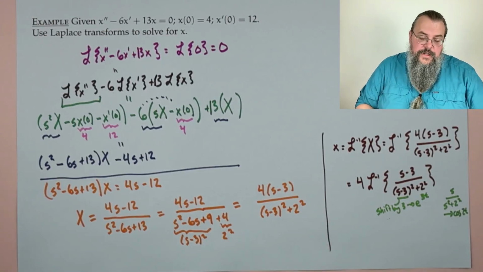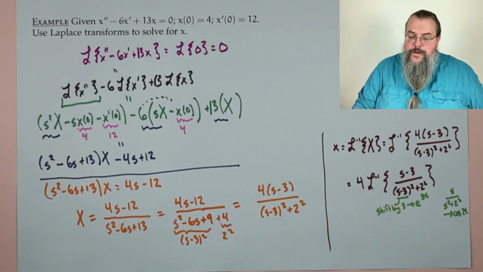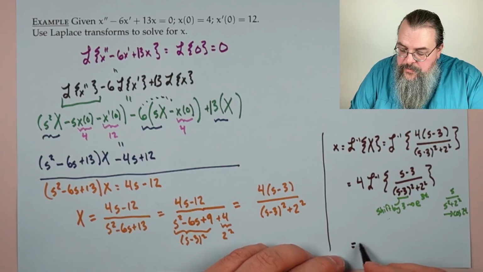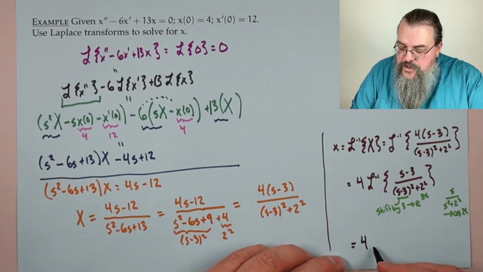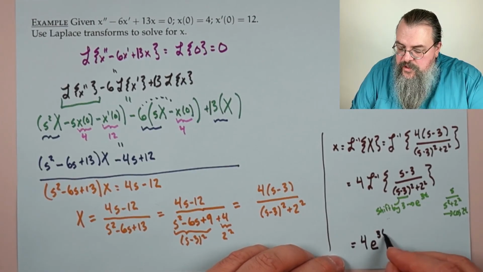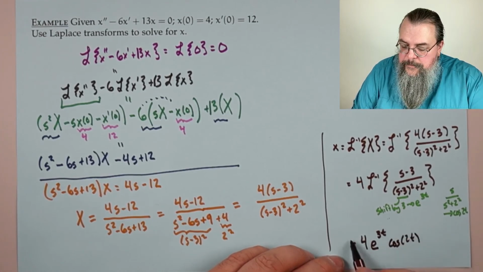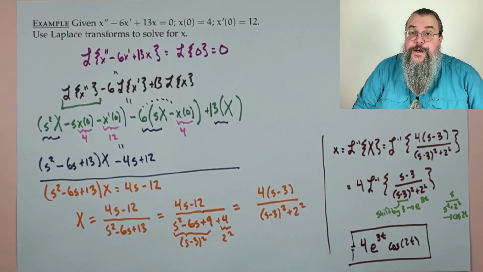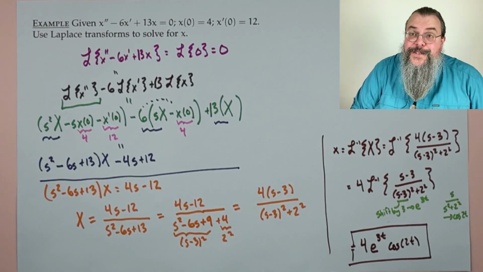And so, putting this together, what do we end up with? Namely, we'll have 4, the shift makes an e to the 3t, and then cosine 2t. And we're done. We actually solved it.